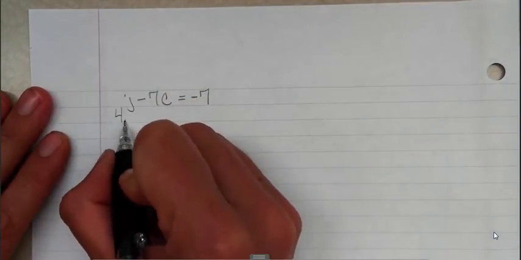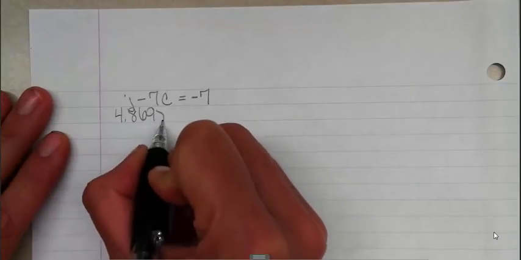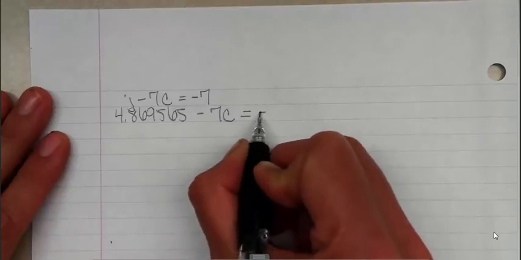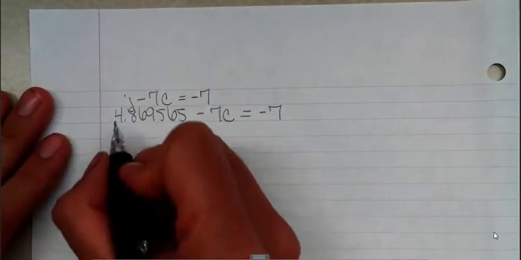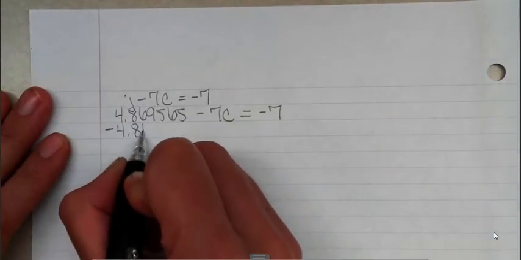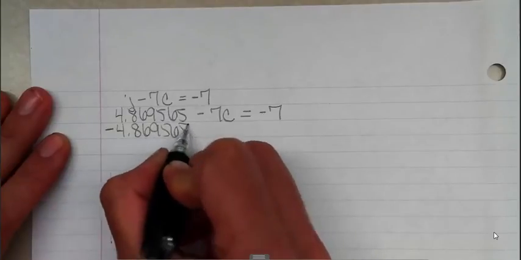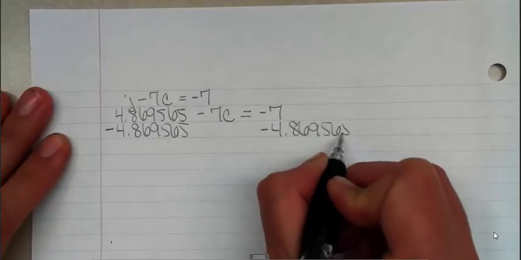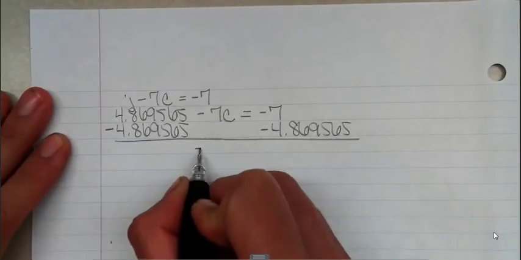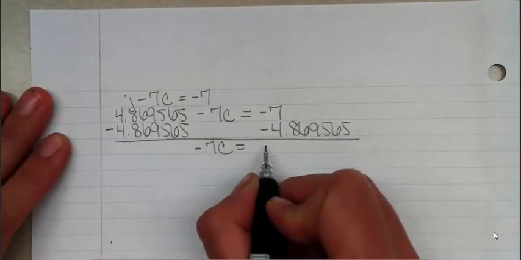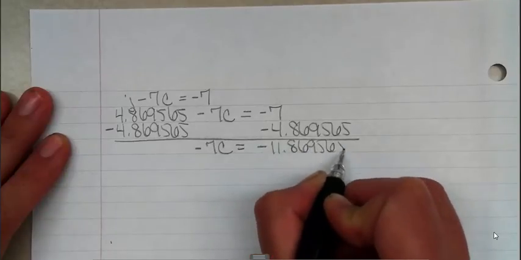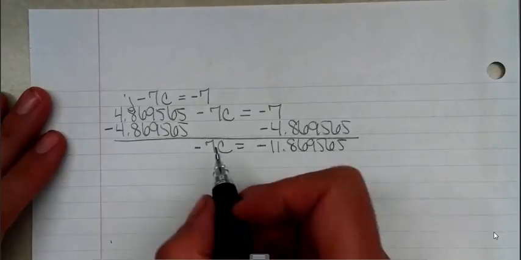And again, I'll just plug in j, which was 4.869565 minus 7c equals negative 7. So now I'm going to need to subtract this. And I'll get negative 7c equals negative 11.869565. And now I'll divide by negative 7.